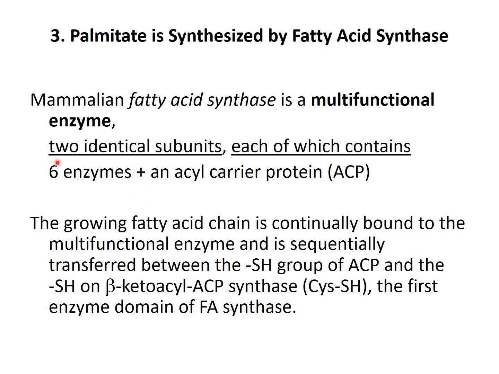What do we have there? 6 enzymes and one special unit which we call acyl carrier protein, which will actually let the growing fatty acid chain go from one enzyme to another to elongate and elongate and elongate the fatty acid chain.